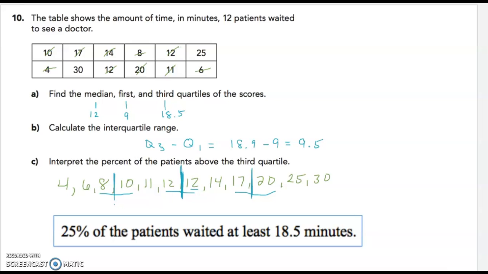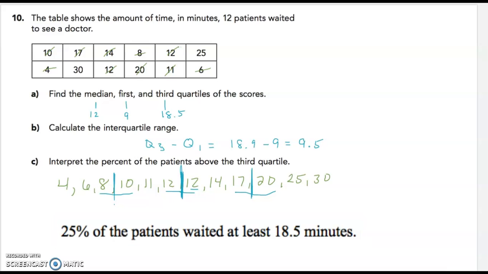For letter C, it says to interpret the percent of patients above the third quartile. Sorry, we're frozen. So here's the third quartile.